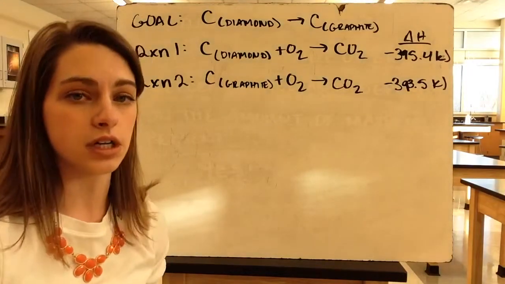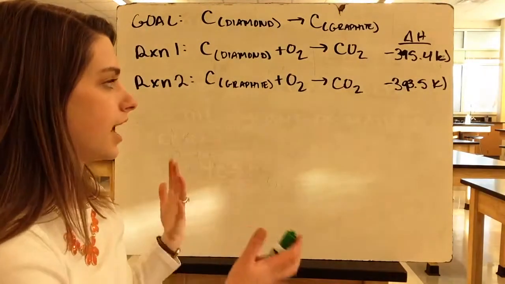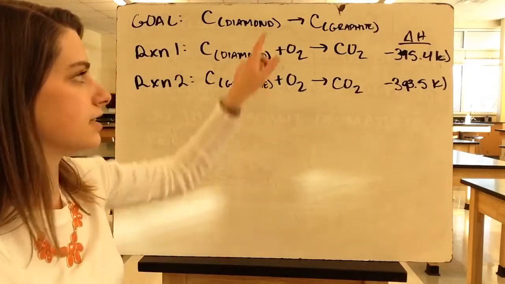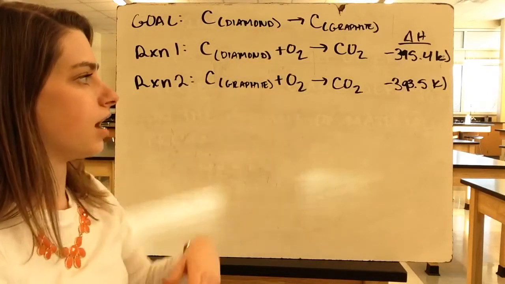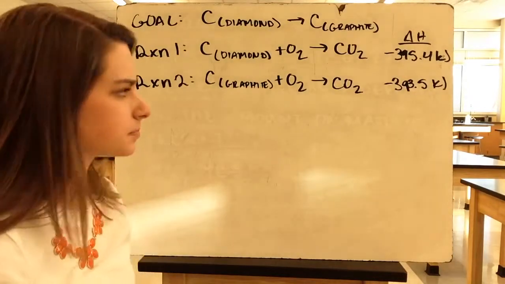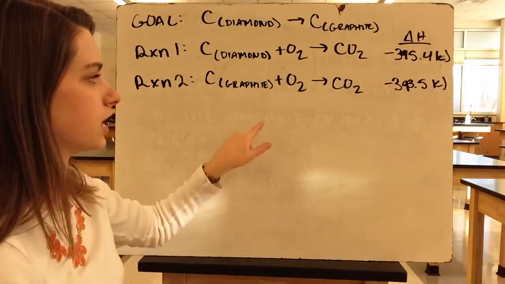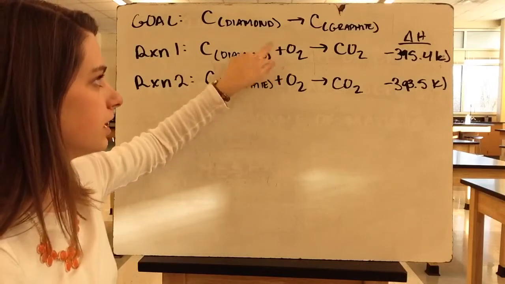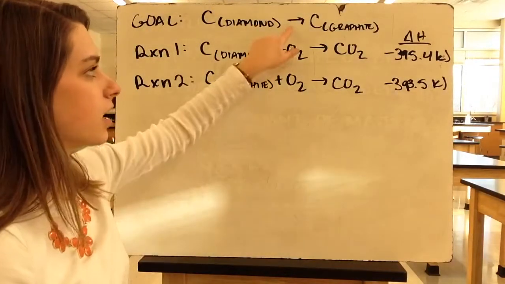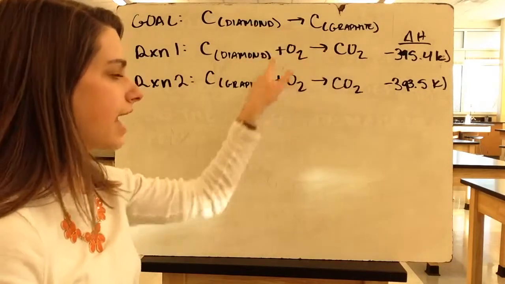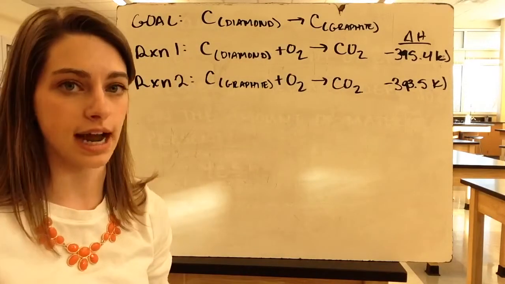Now, the first thing you want to do when you go to do a Hess's law style problem is to compare your overall reaction to your two sub-reactions, or two other reactions that we're going to use. We're going to use these two to get to our goal. First thing I notice is that our goal reaction doesn't involve any oxygen or carbon dioxide.